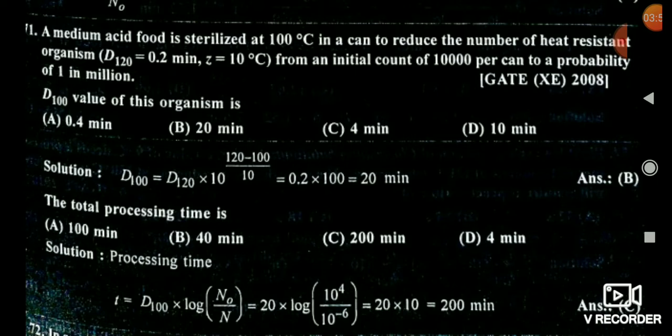And now friends, it is asking the processing time. And friends, you see that initial number of microorganisms are 1000, means 10 to the power 4, and finally it is reduced to a probability of 1 in million. Friends, initially it is 10 to the power 4, means n naught value is 10 to the power 4.